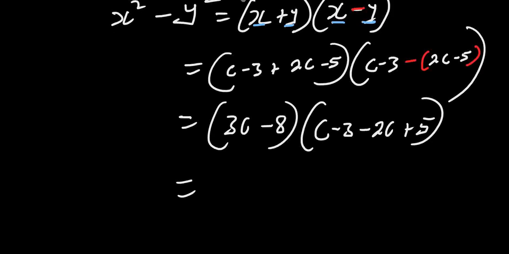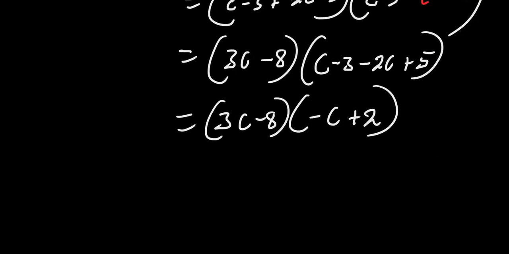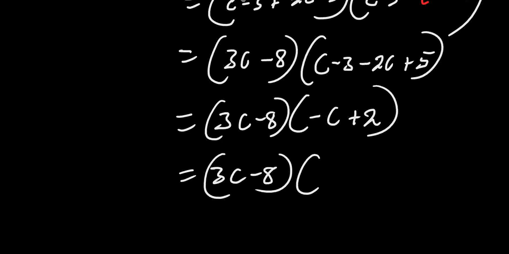And this will be equals to 3c minus 8, and c minus 2c will give us negative c, and negative 3 plus 5 will give us plus 2. Good. So we can simply rewrite this as 3c minus 8 and let the positive number come first. So this will become 2 minus c.